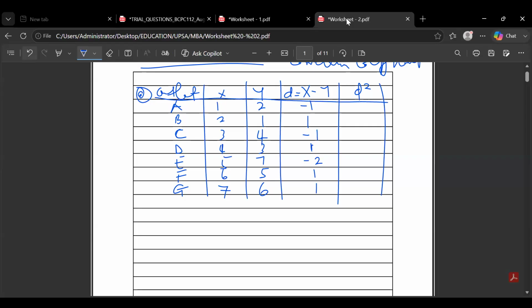Then the last one, what do we do? Negative 1, you put it in a square. What do we have? Minus 1 squared. If you write it this way, you get negative 1, but if we put it in a bracket, you get 1. So this is the appropriate method.